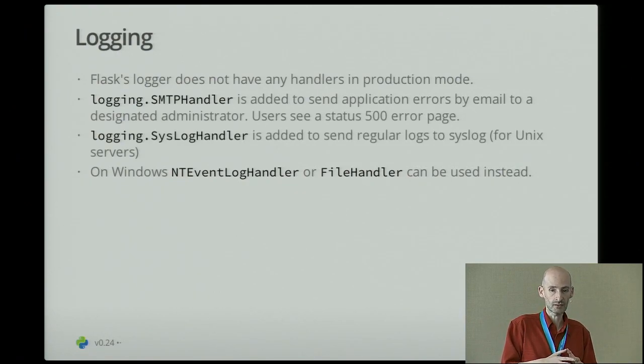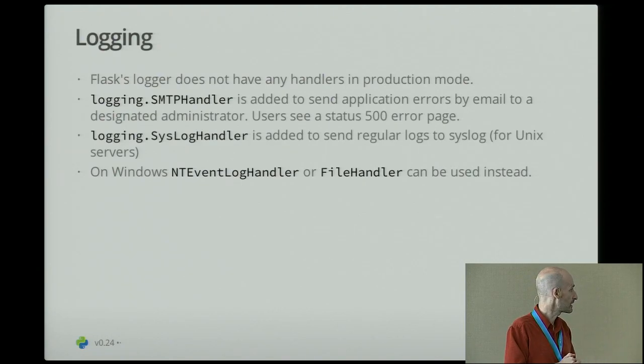So the user will see an internal error page. It will not show a debugger like it will when you are developing. The problem is that then nobody knows that the thing failed, right? The user doesn't know or care, and you are not notified. So that needs to be improved.